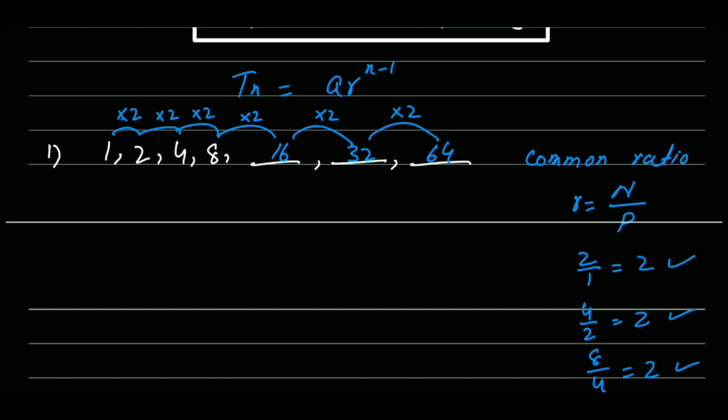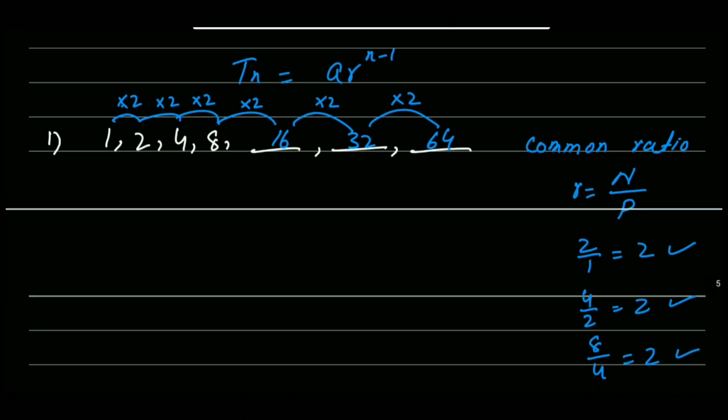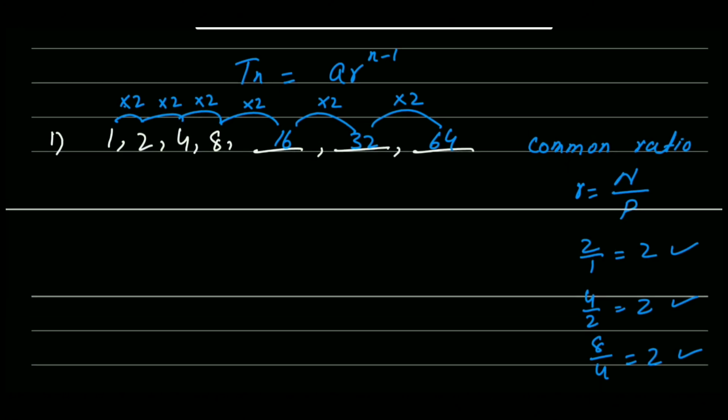So this is the way you can complete the remaining terms of an exponential sequence. But you have to find r with the proper formula, that is next term divided by previous term, that is 2 here.